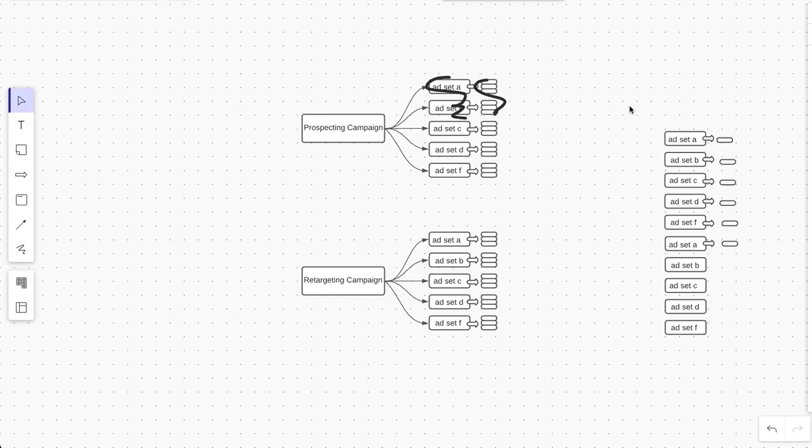Maybe one is 25% watched video or 50% watched video, and one's watched or clicked on the link or visited the website, something like that. And these are all really low budget. You could make a $5 a day ad budget for this or something like that. So really not too much. We're just trying to get some reach, and that would be a reach campaign. It's not optimized for conversions or leads.